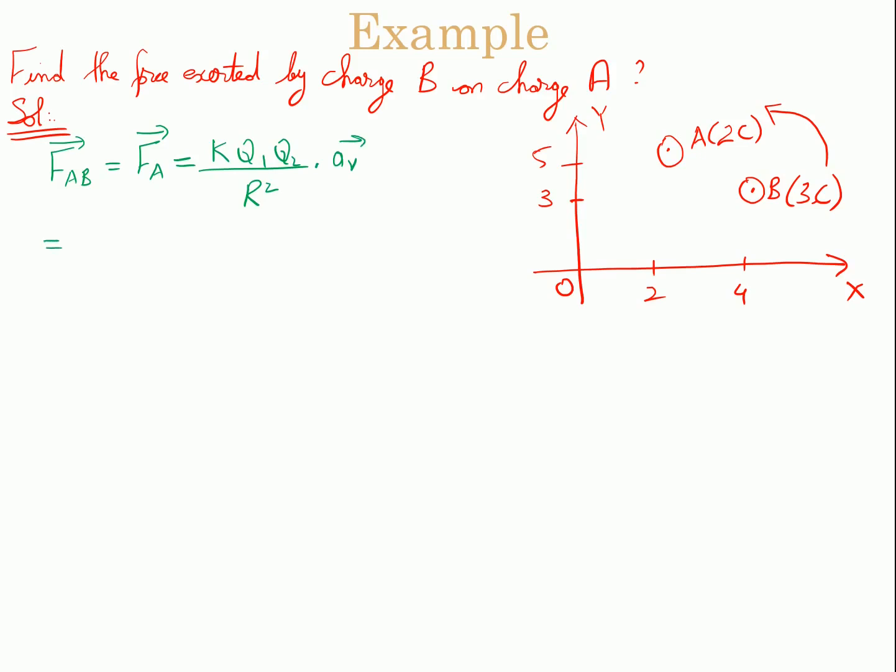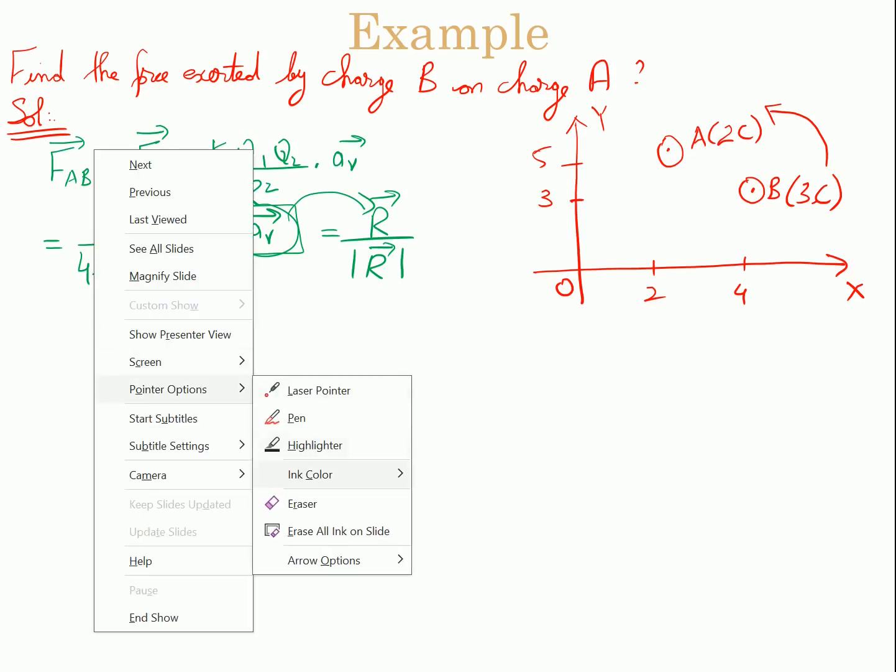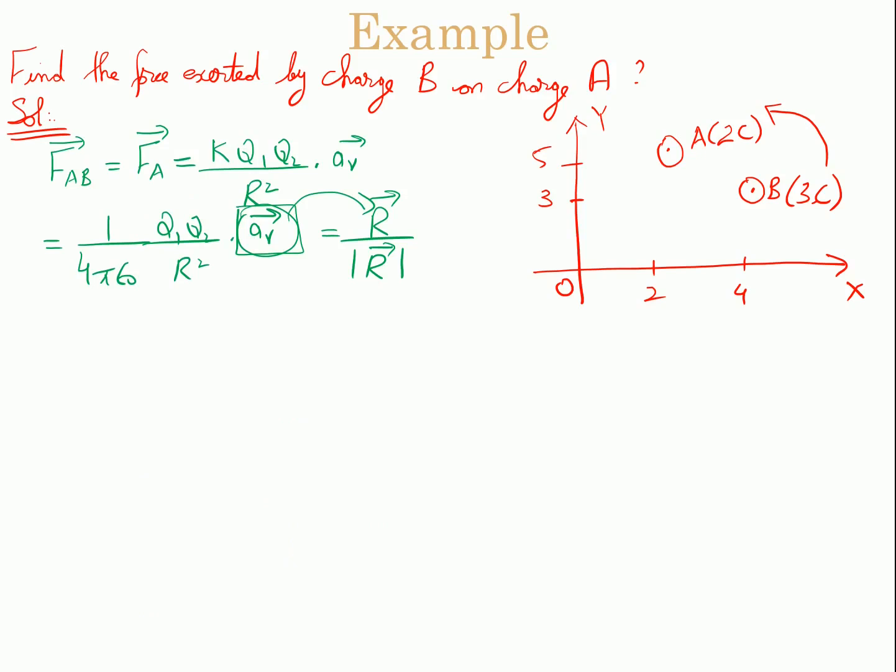We can further simplify it as 1 by 4 pi epsilon naught q1 q2 divided by r square into A of r, where this A of r is basically the vector r divided by its Euclidean norm, or the magnitude. So this is basically vector r. We need to find these two. This is the equation, and these are the unknowns that we need to find. This portion is the scalar part, and this is the vector representation. So let us look into the graph and see what we can extract from this.